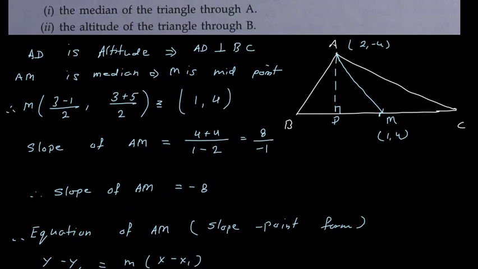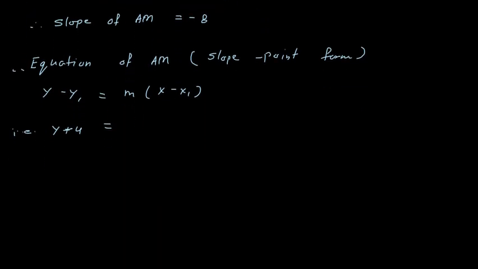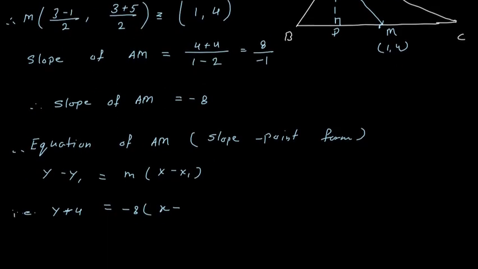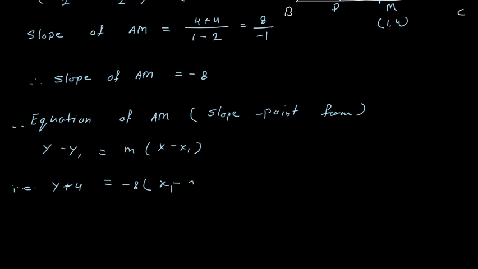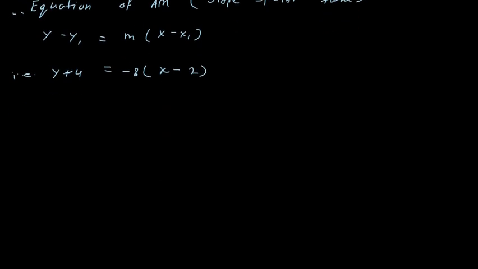Now what is m? Slope. Slope of AM is minus 8. So it is minus 8 into x minus x1 is 2. So therefore I will say y plus 4 is equals to minus 8x plus 16.